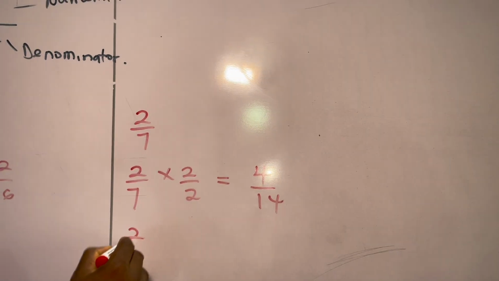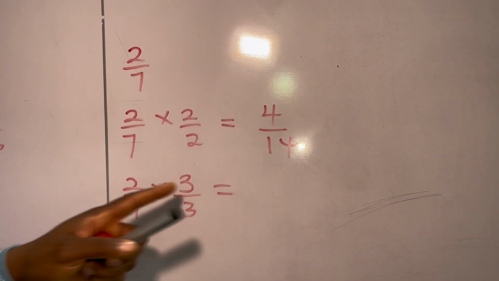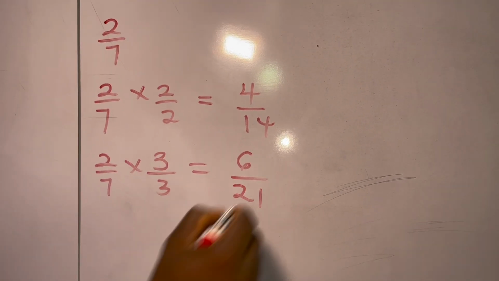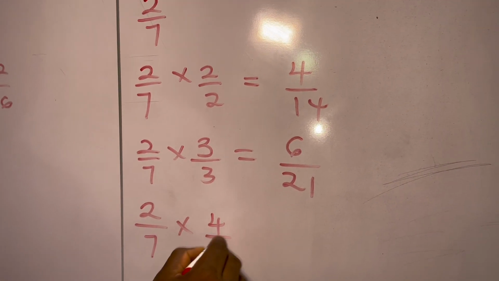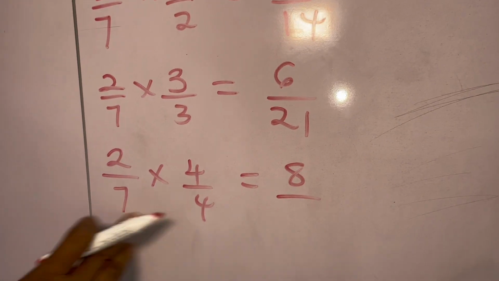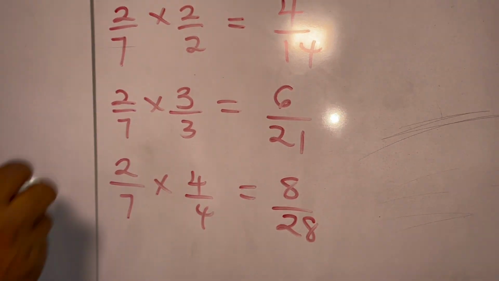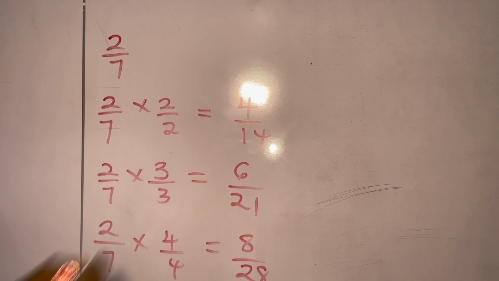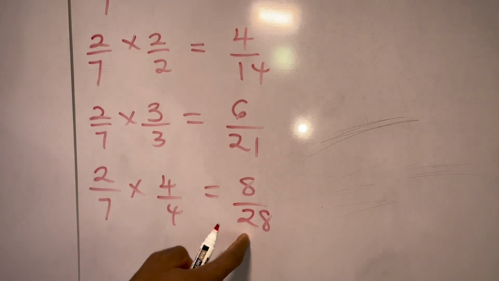The next one is 2/7 times 3/3: 2 times 3 gives me 6, 7 times 3 is 21. Next, 2/7 times 4/4: 2 times 4 gives me 8, 7 times 4 gives me 28. So the first 3 equivalents of 2/7 are 4/14, 6/21, and 8/28.